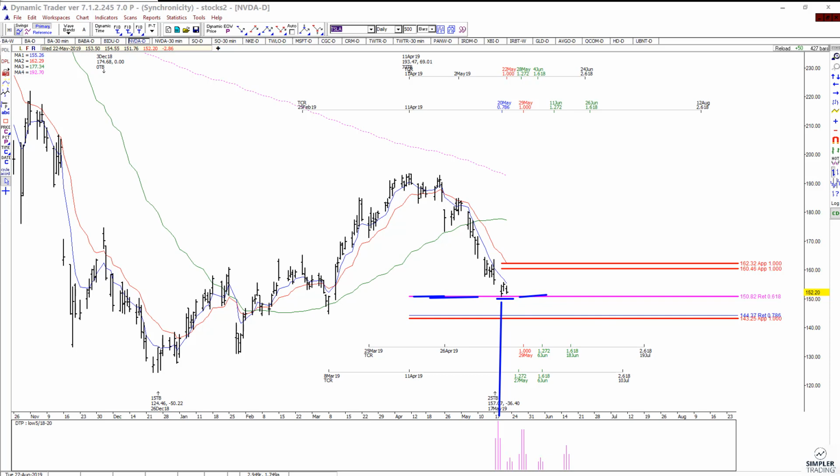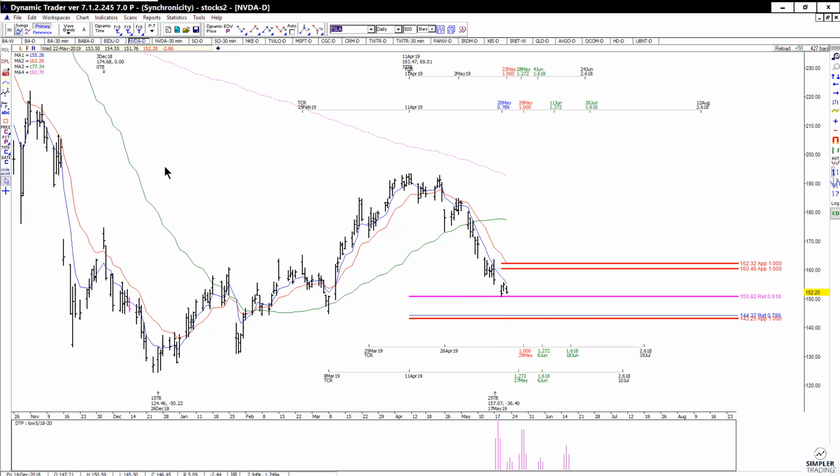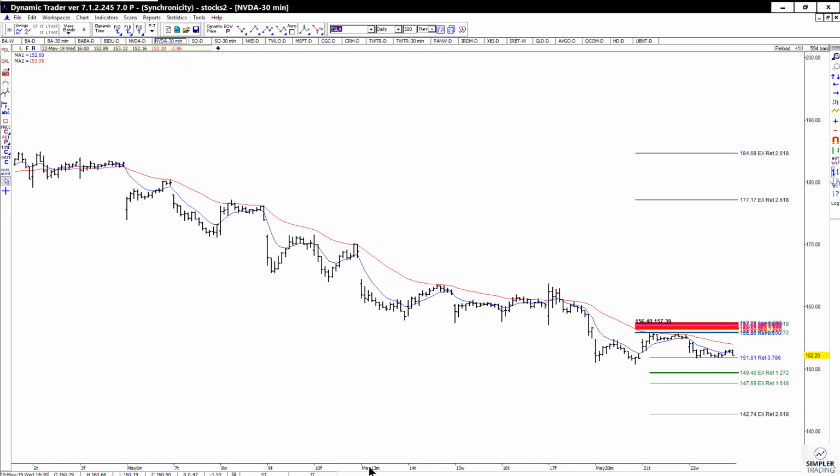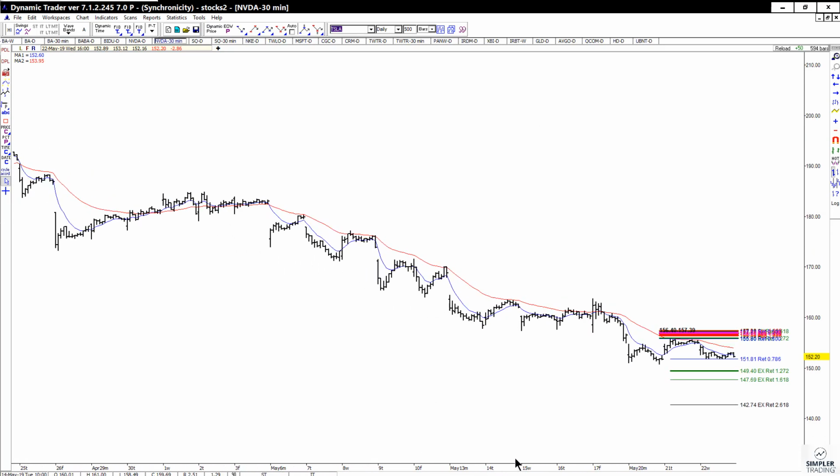But you may ask, how will I know when it's good to look at the buy side again of NVDA? One of the things that can help you with that is the 30-minute chart, because what I'm doing here is monitoring the symmetry of these prior rally swings.